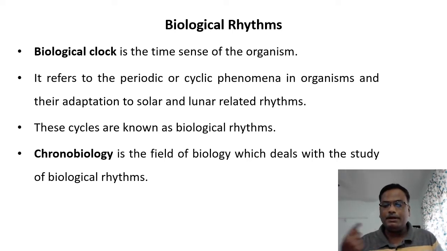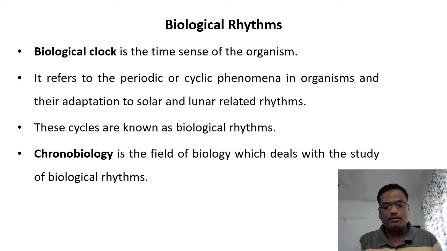So one complete cycle of moon is represented as month. Then we have year, right? When our earth completes one complete circle, that is called a year. So like this, we are governed by the celestial phenomena: day, month and year.